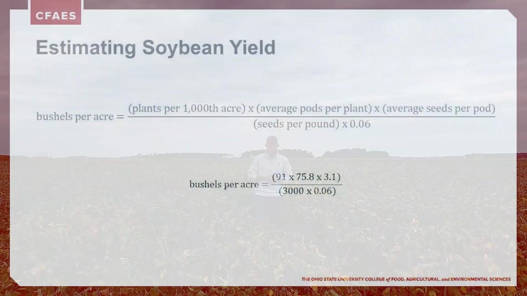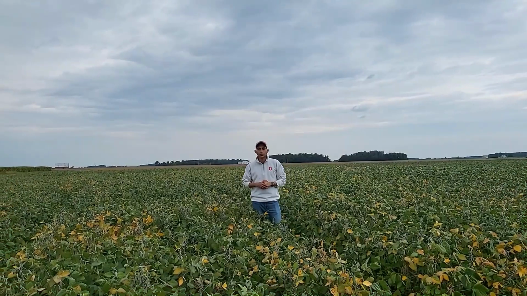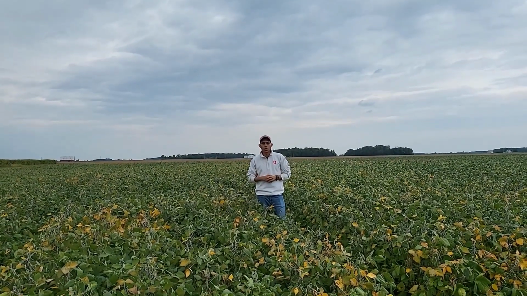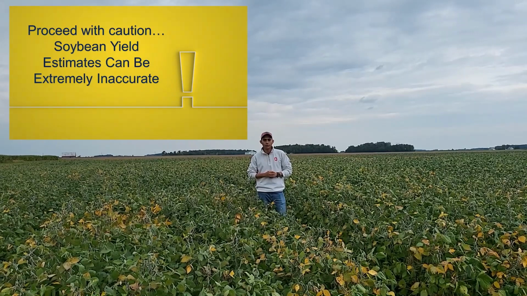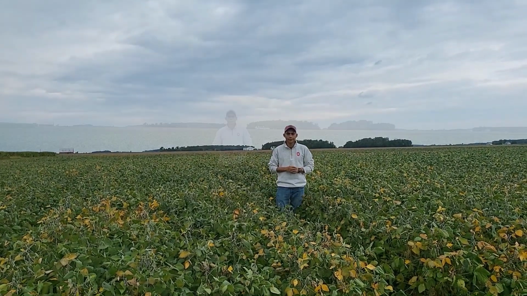So for planting day 1, we had 91, which is our population, and then we're going to multiply that by 75.8, which is our pods per plant, and times 3.1, which is our seeds per pod. And then we're going to divide that by 3,000 times 0.06, which equals 118.79 bushels per acre.